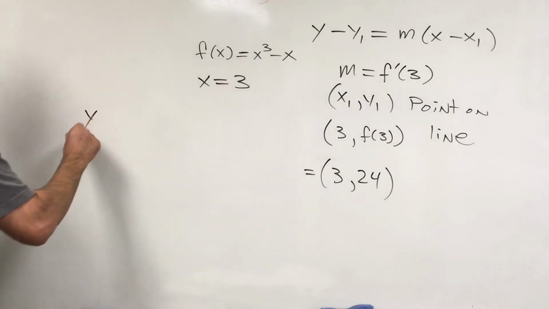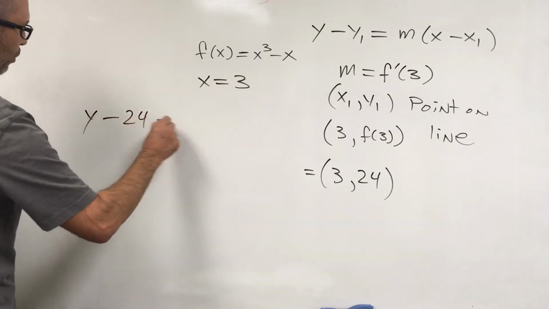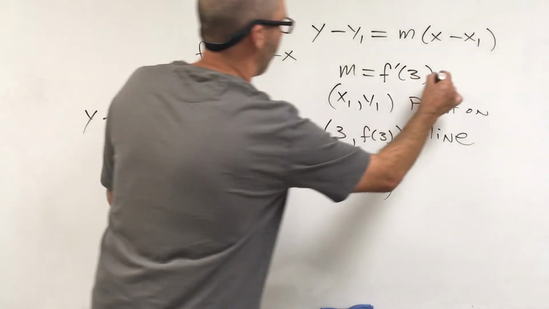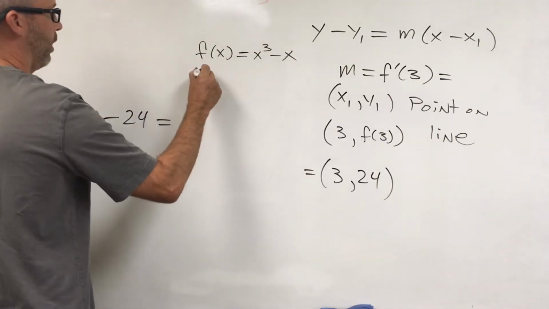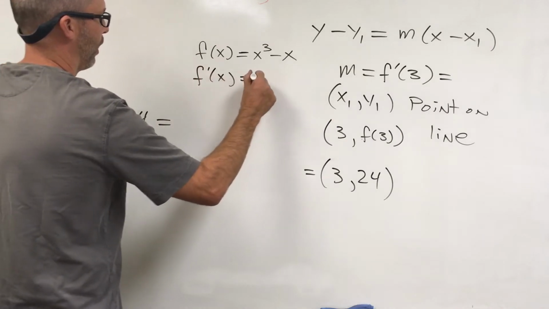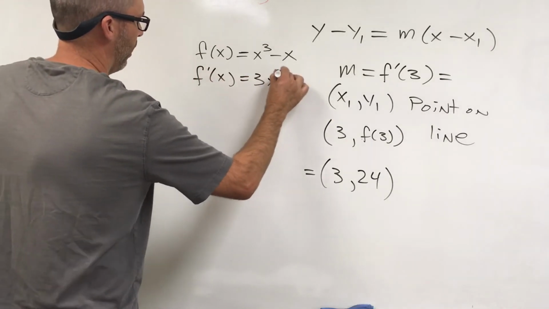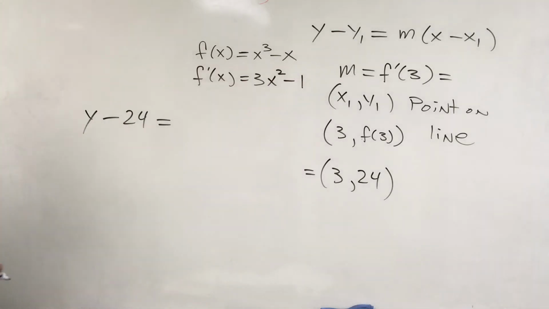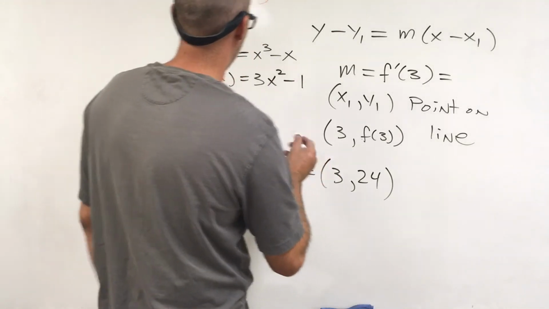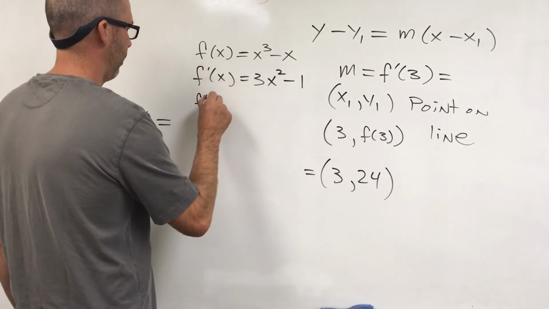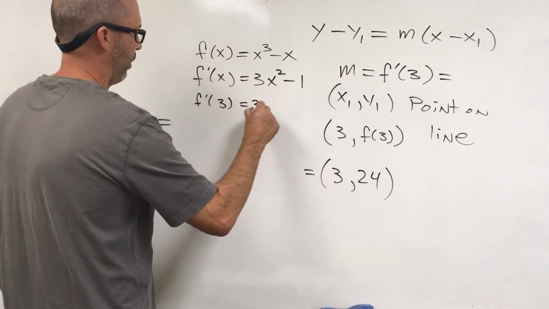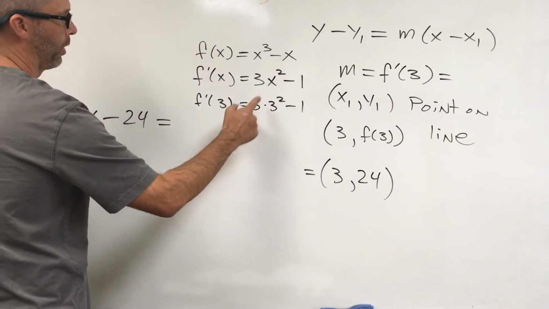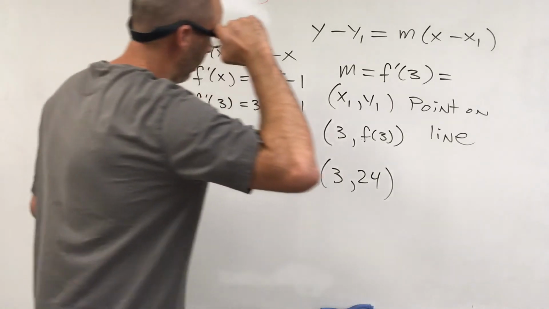So y minus 24 equals f prime of 3 times x minus 3. All right, what's f prime of 3? Let's see, f prime of x we found was 3x squared minus 1. If you put a 3 in there, 3 squared is 9, 9 times 3 is 27, 27 minus 1 is 26.